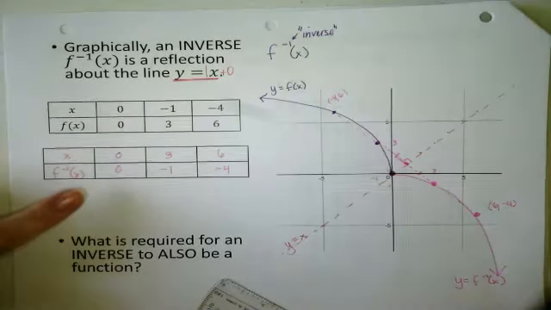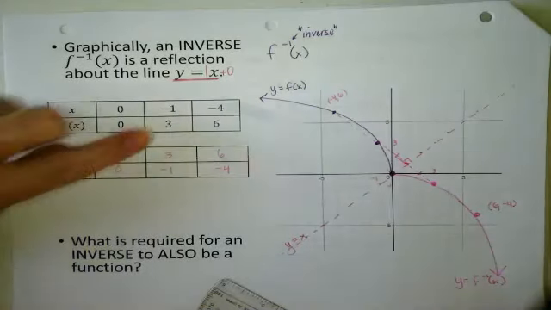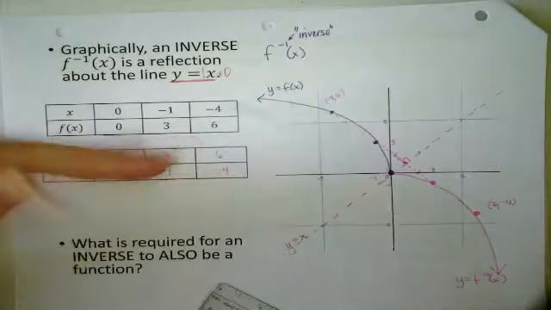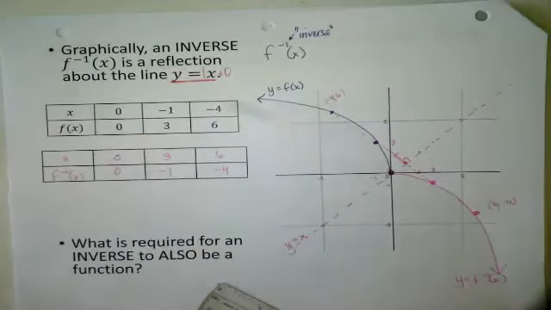What's happening is these ordered pairs end up just swapping positions because they're reflecting over the line y equals x, which means x becomes y and y becomes x. They switch. What's also interesting is the domain and the range also switch.